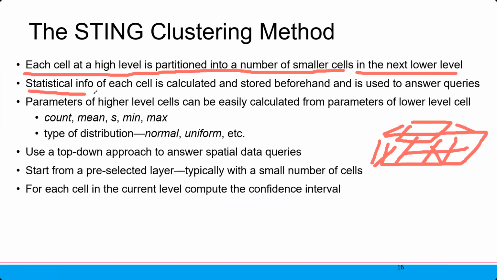And the statistical info of each cell is calculated. So the statistical info here is calculated, here is calculated, here is calculated, and stored beforehand, and is used to answer queries. So usually we can use this one to detect a kind of map.